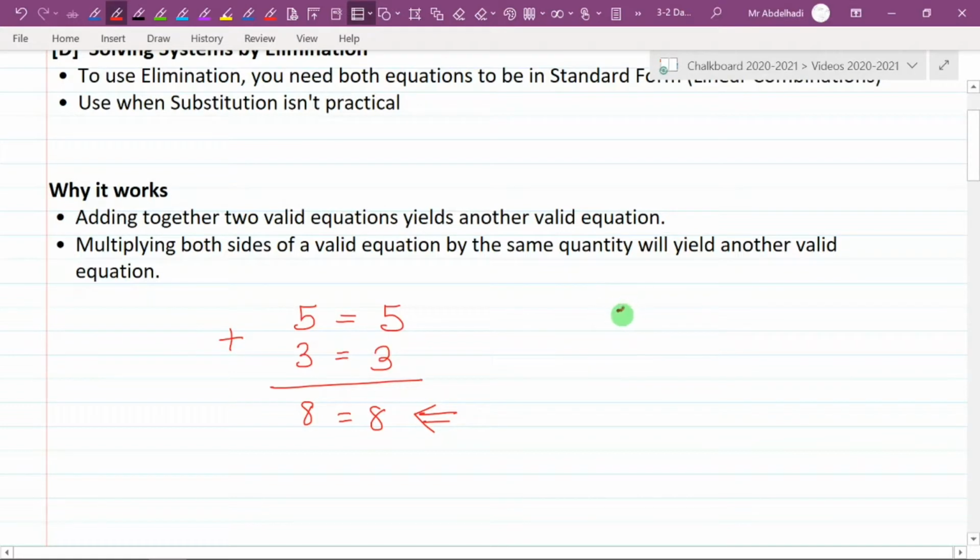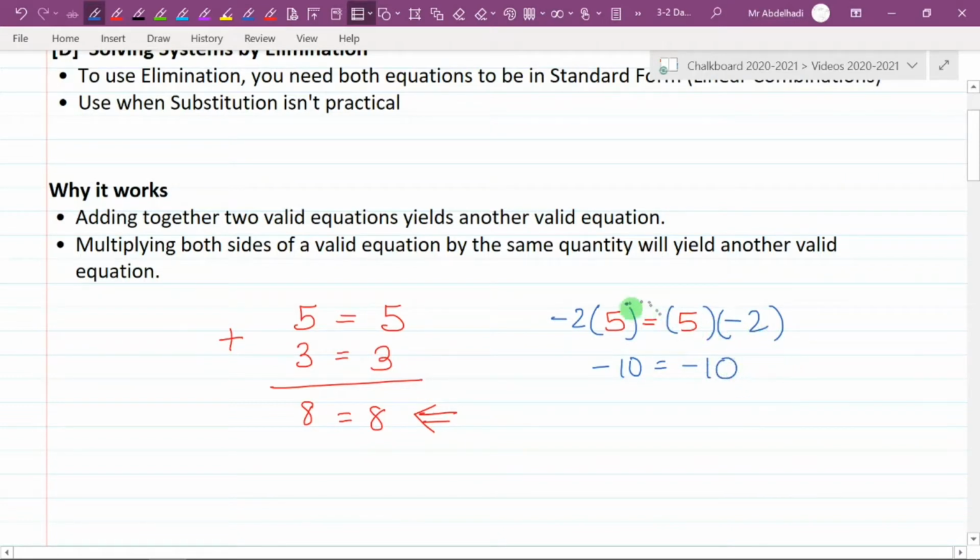Now let's say we have an equation that's true, like 5 equals 5, and we decide to multiply both sides by the same number. I don't know, -2. So let's multiply the left side by -2, and the right side by -2. -2 times 5 is -10, and on the other side, 5 times -2 is also -10.